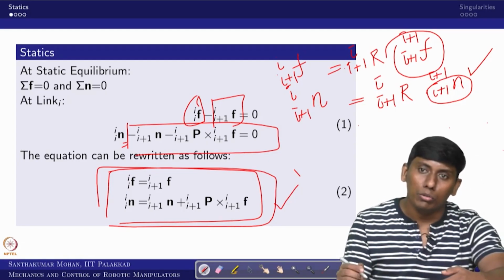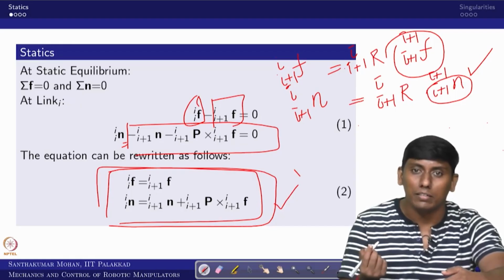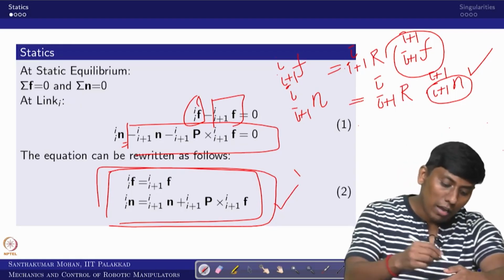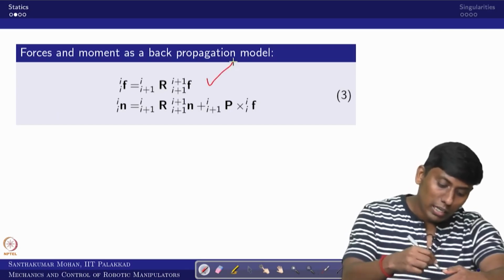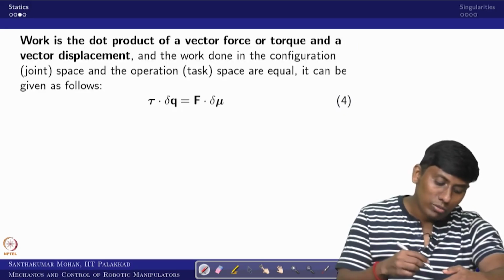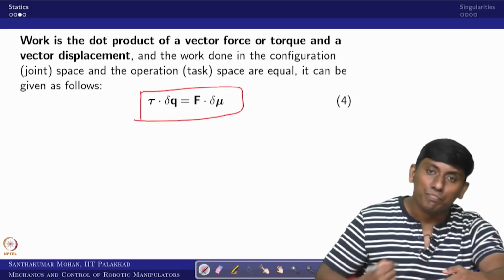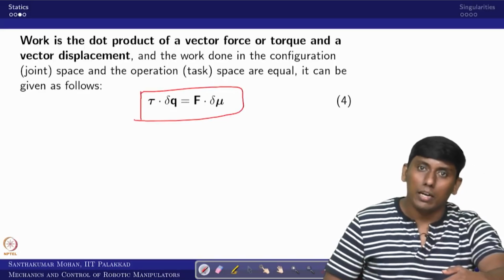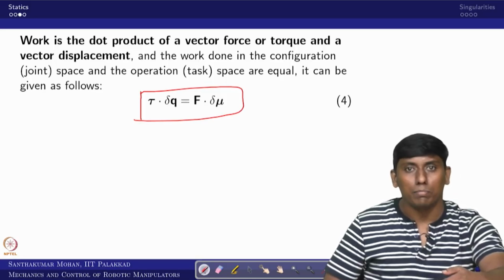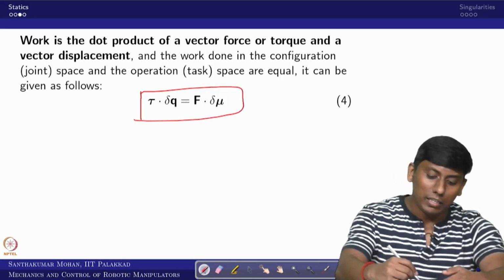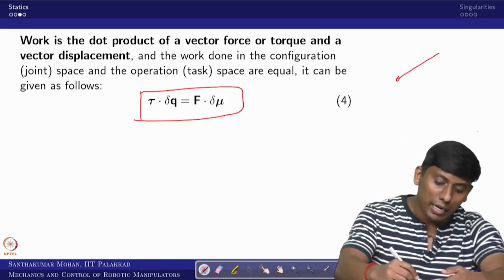Right now we are not going to use that, but we have some relations. What relations do we have? We have these relations that we have already written. What we have is the virtual work. Work is a dot product, as we know, of a vector force or torque and a vector displacement. Right now I am just giving an idea.